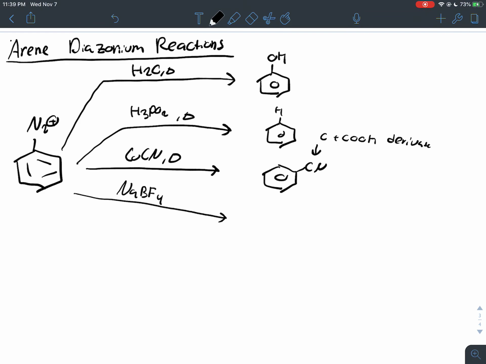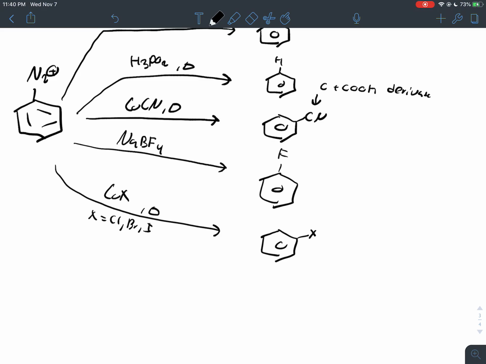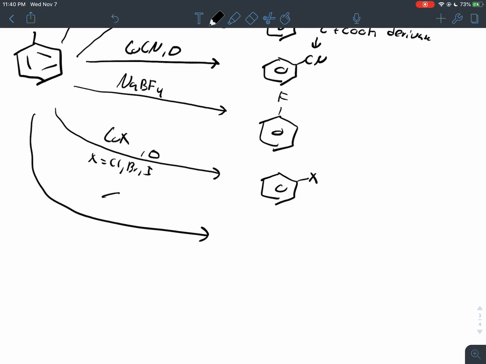NaBF4 adds a fluorine. Finally, or not finally, CuX, where X is Cl, Br, and I, with heat, gives X. And then diazonium coupling, where benzenes are just coupled together.